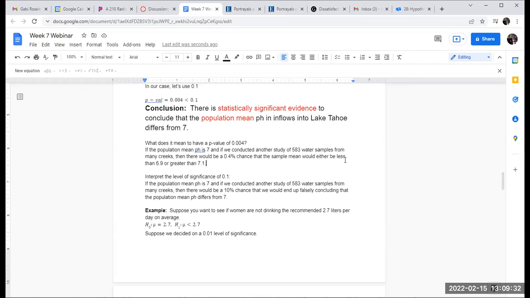Don't make that mistake, because a lot of people made that mistake. So I'm going to keep saying it because I don't want you to make that mistake. This is a population mean because it was the mean pH. Whereas with the COVID one, that would be a population proportion because that was a proportion of people that got COVID. Any questions on that? Okay, so that is very important.